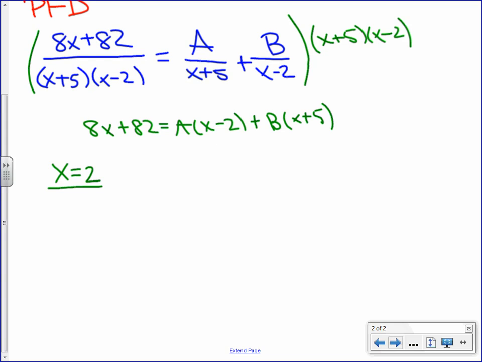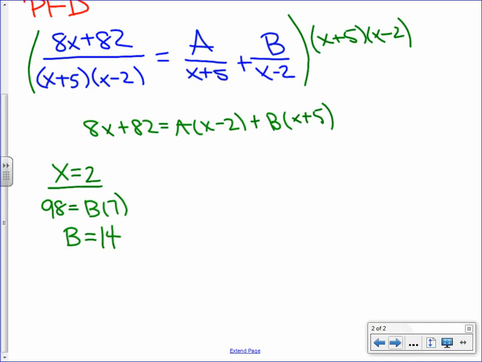So what is 8 times 2 plus 82? 98. Equals A times 0 plus B times 7. 98 sevenths, or 14. Okay, so there's B.